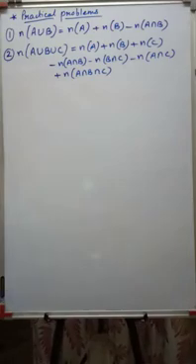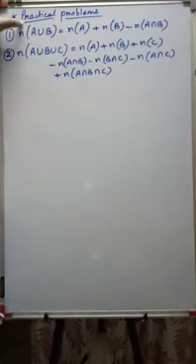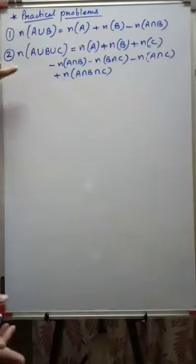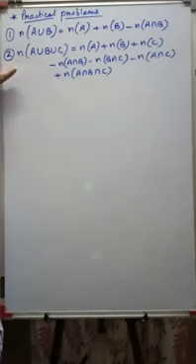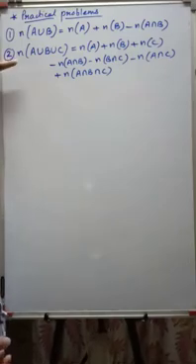CBSE says, okay, I am telling you, in the exam when two objects are given, you have to use the formula only. When three objects are given, you can solve the question using a Venn diagram. So this second method is an option given for us.